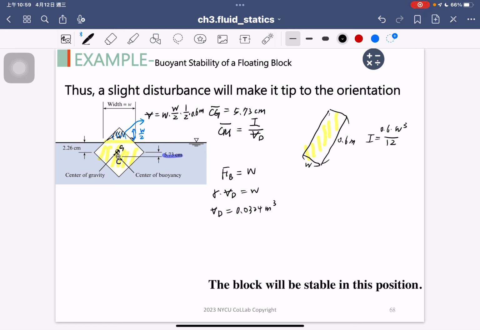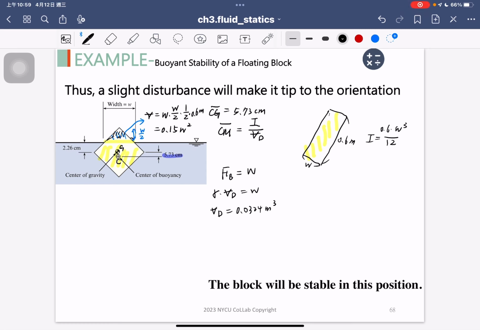So we know that the top volume is 0.6 divided by 4, so that here is 0.15 W squared.